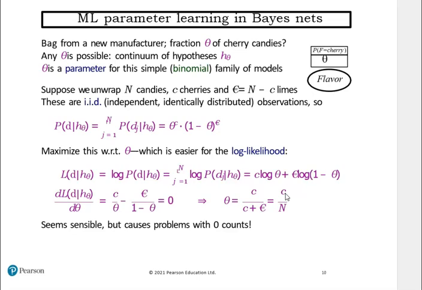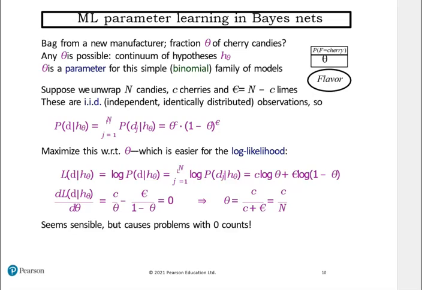That kind of makes sense. So if you open 10 candies and you found 7 of them were cherries, your best guess is the proportion of cherries is 7 over 10, which is 0.7. Obviously, that doesn't work if you haven't picked any candies yet, because you would have division by 0.